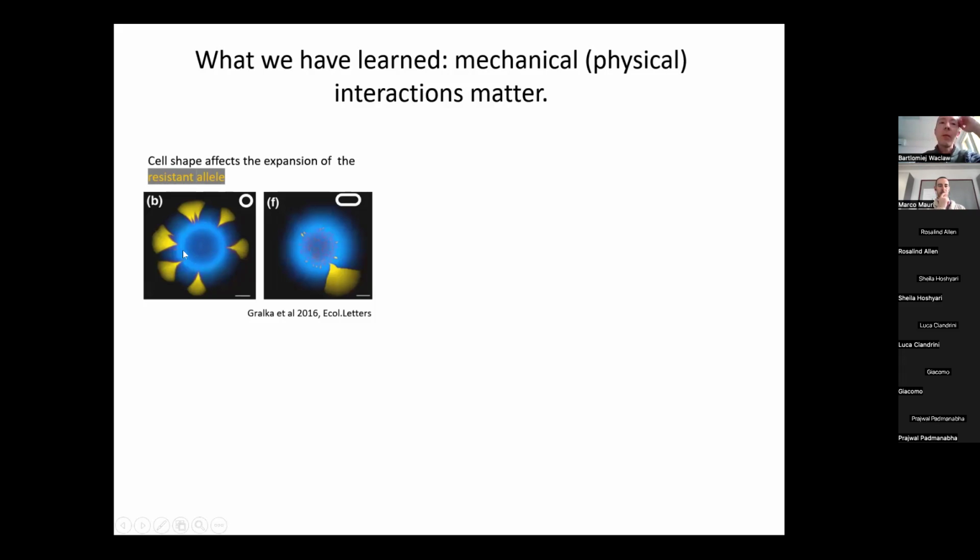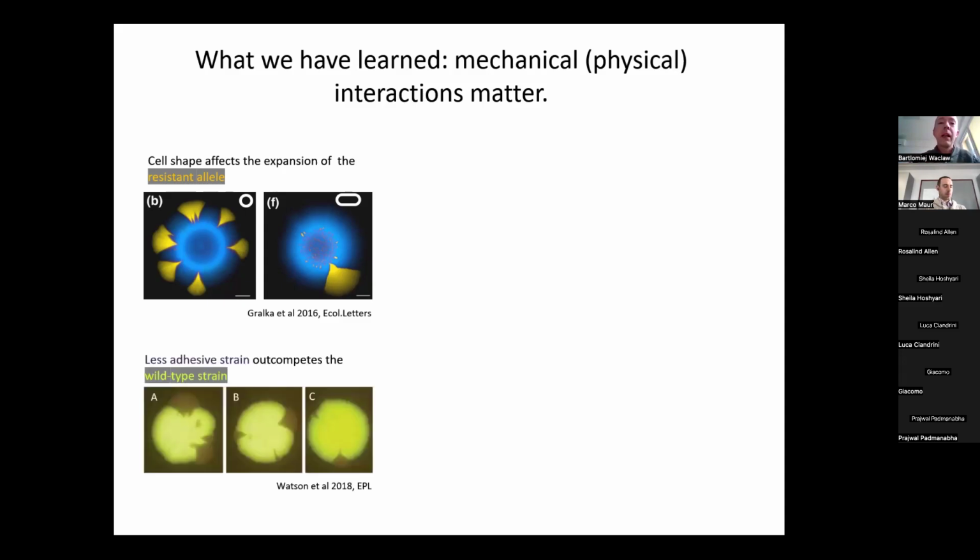In this case, it was a mutant resistant to an antibiotic. For round cells, this mutant will produce many more sectors than if the cell is rod-shaped. And this is down to some interesting mechanical interactions that happen in the biofilm or the colony between these cells.